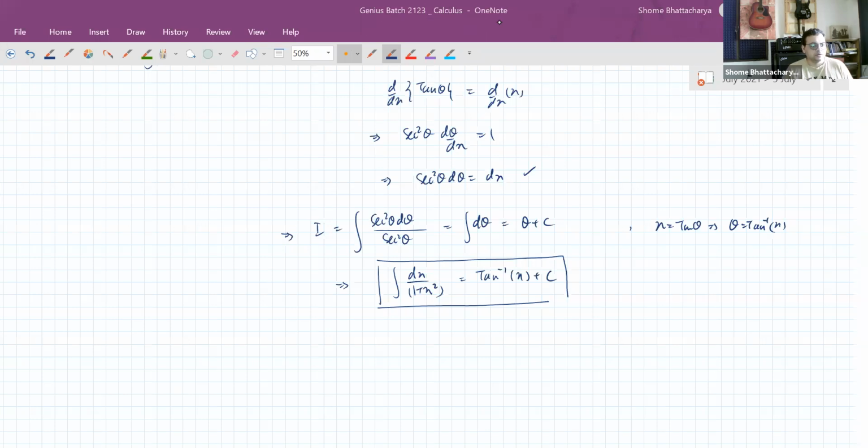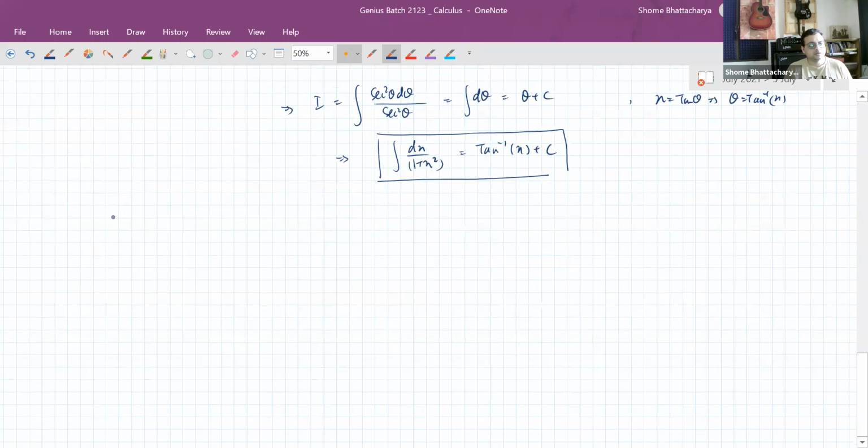Yes. Very good, Mansi. That's correct. We could have alternately used the identity between cosec theta and cot theta, and therefore we could have substituted x as cot theta also. Okay. So alternately, for this integration we can also substitute x as cot theta.